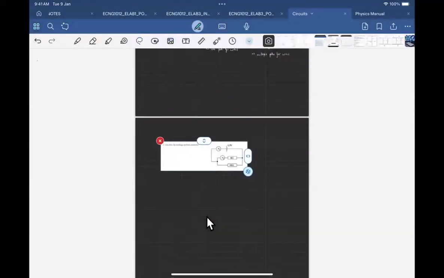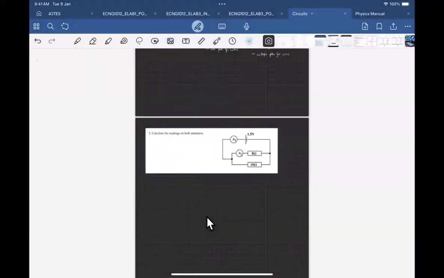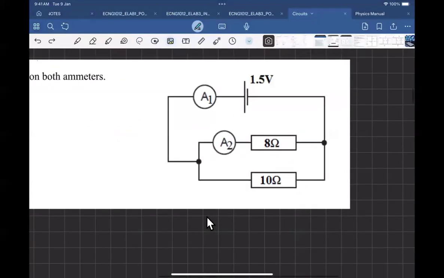The current that A1 is measuring, that would be what current? Could somebody tell me? Total current. Yes, that is correct. That would be the total current.